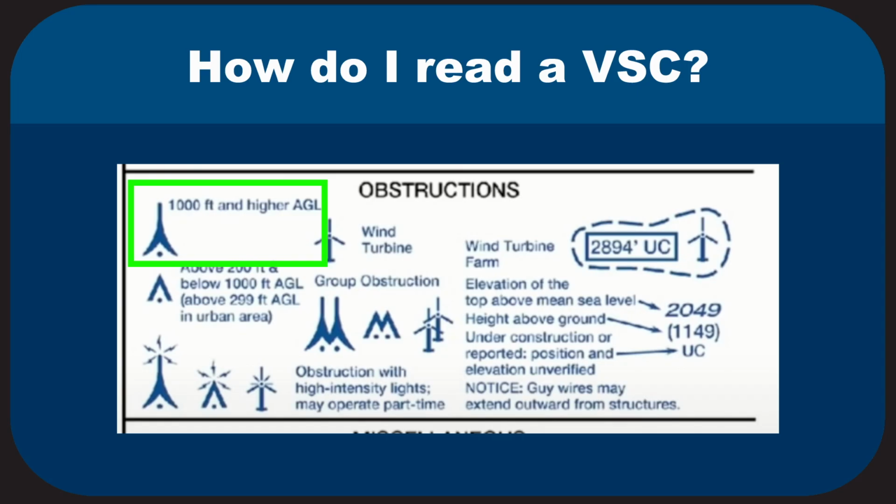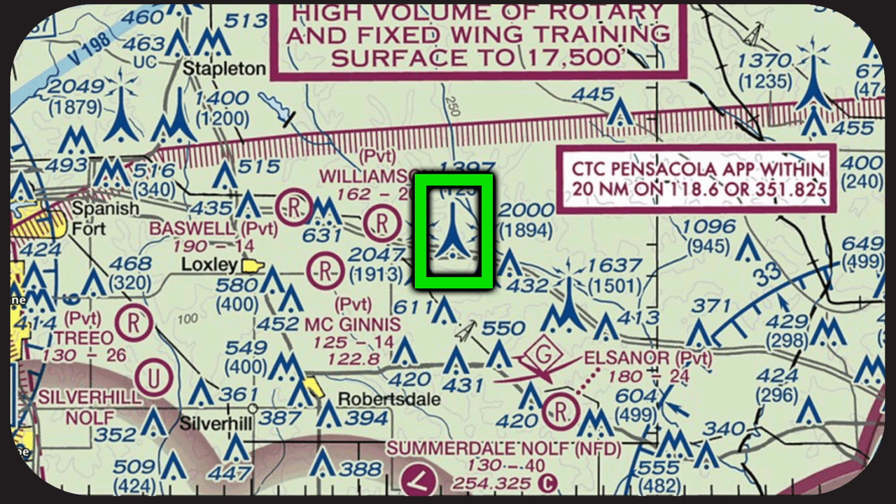By consulting your legend, you can see the symbol for an obstruction higher than 1,000 feet above ground level is an inverted Y shape with a small round circle. You can then consult the chart to see if that symbol is located in the area represented on the exam.